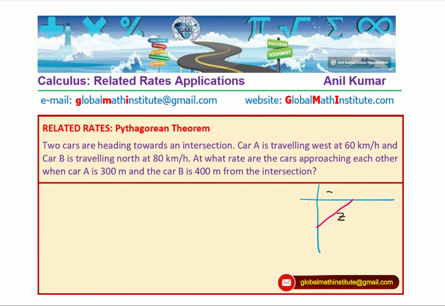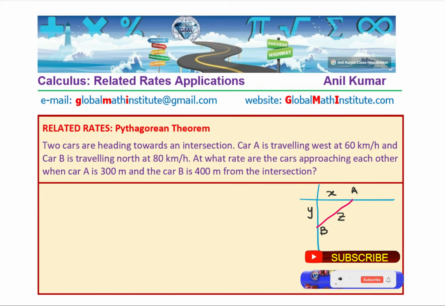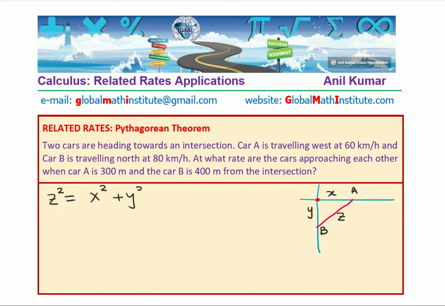At the instance when car A is x kilometers away and car B is y kilometers away from the point of intersection. Is that clear to you? So at this particular instance, as you can clearly see, z square is equal to x square plus y square.